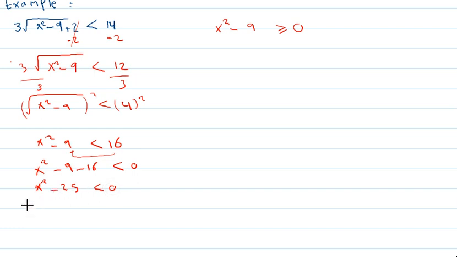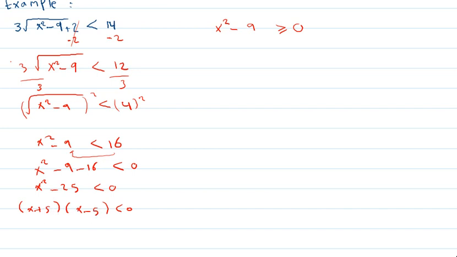This is a difference of squares. We can factorize it as (x plus 5)(x minus 5). If (x plus 5)(x minus 5) is less than 0, one of these terms should be negative, either this one or this one.